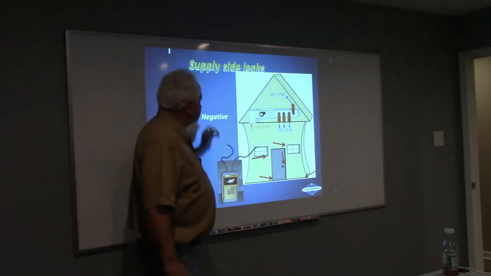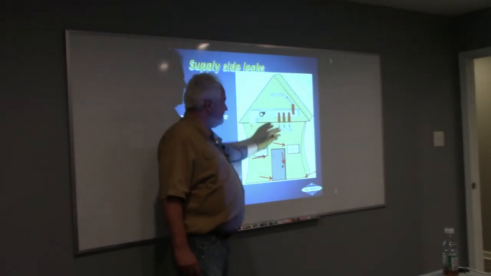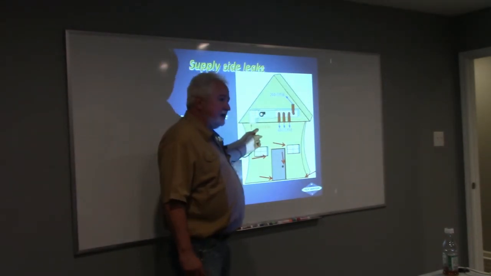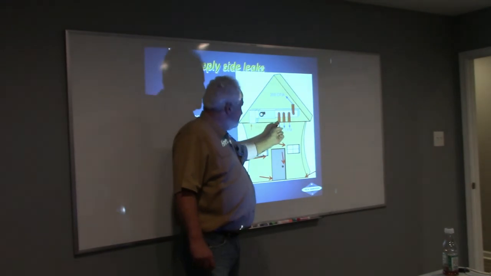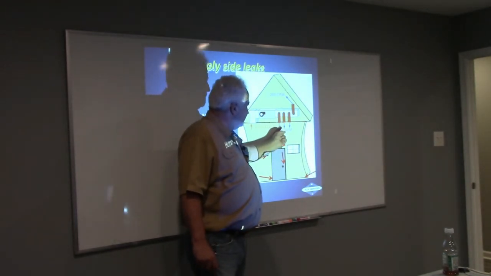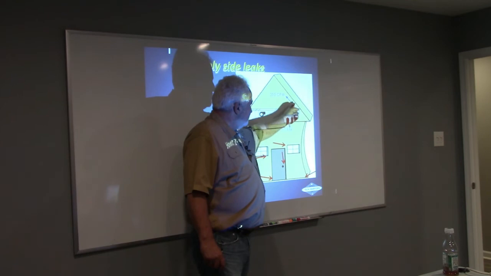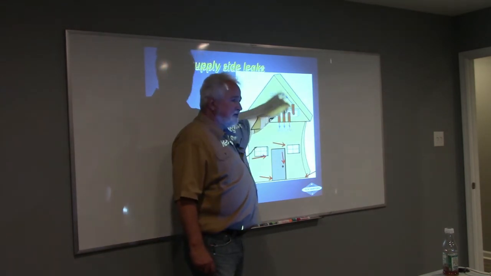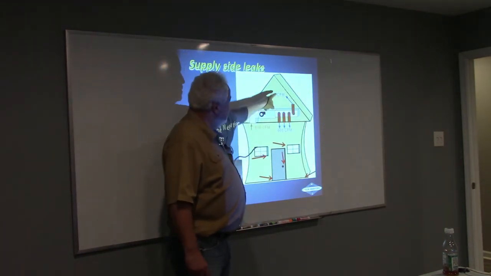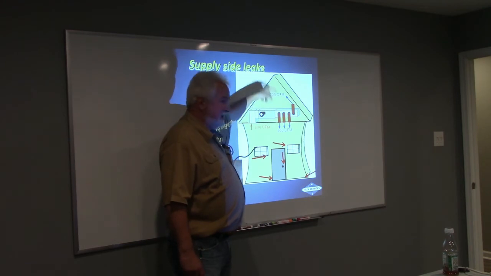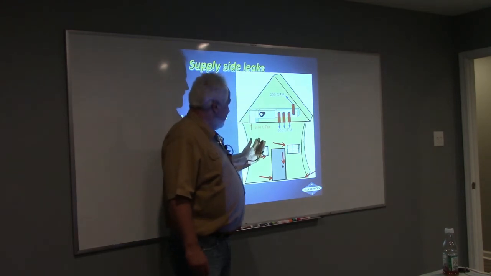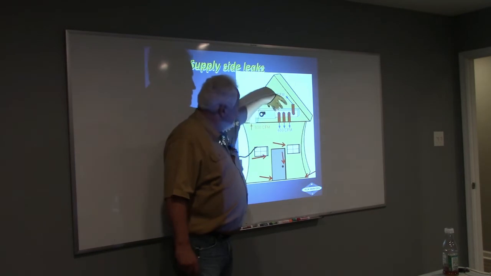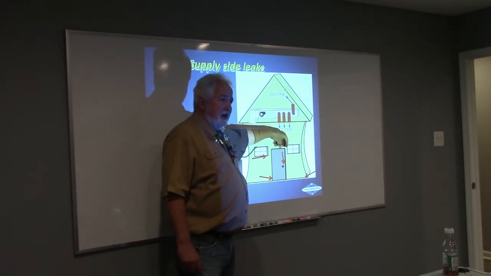If I have 25% duct leakage, in this particular case, I got an 800 CFM, that's 25%, 50%, 75%, 100%. If I have a 25% duct leakage here, 200 CFM goes into the attic space. That means 800 gets sucked out of the house, 600 gets blown back into the house.